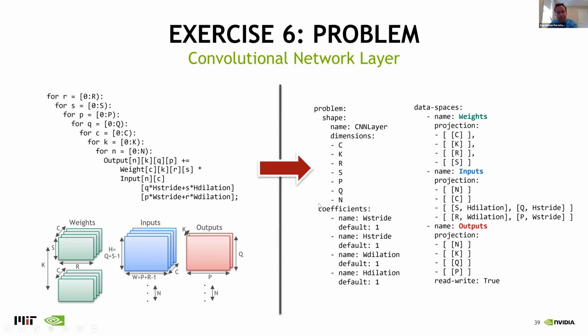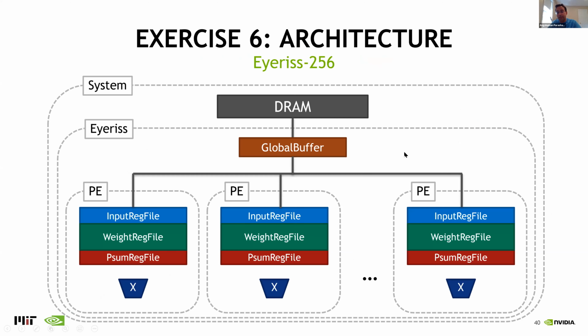Okay, so exercise 6, I won't go through this. This is a really complex exercise that you can follow up with after this tutorial. Please look at the directions on the website, look through all of the specification files, and run it. What this is doing is it's actually running a complete CNN layer on the Eyeriss V1 architecture.